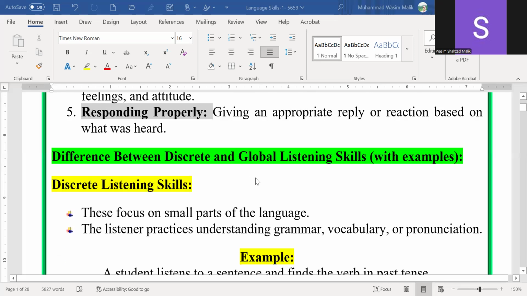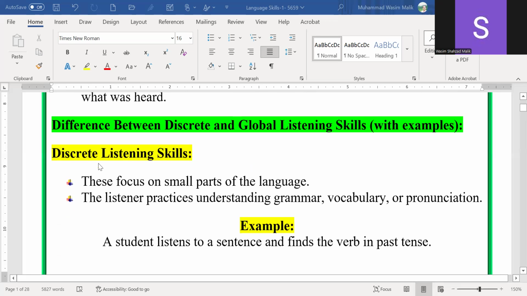Now we are going to discuss the difference between discrete and global listening, and we will discuss that point with proper examples. First of all, we are going to define what discrete listening skills are. Discrete listening skills are the skills which focus on small parts of language, very small.